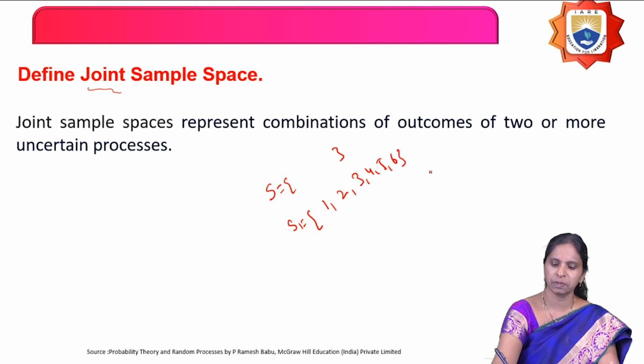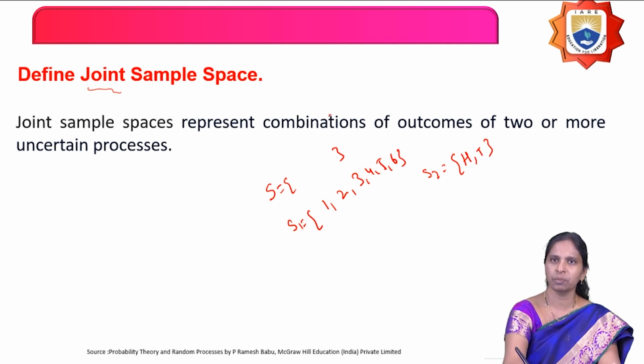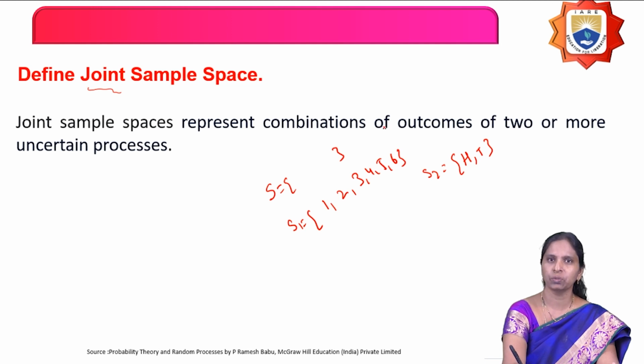So, this is an experiment. And one more experiment I am connecting is tossing a coin. When I toss a coin, the possible outcomes are head, comma, tail. Now, what is the joint sample space? It represents the combinations of outcomes of two or more experiments or processes.